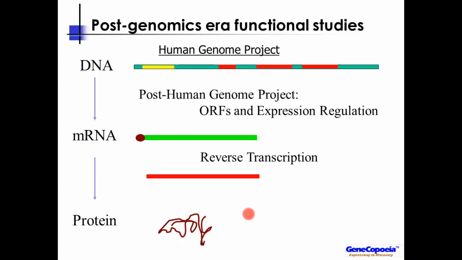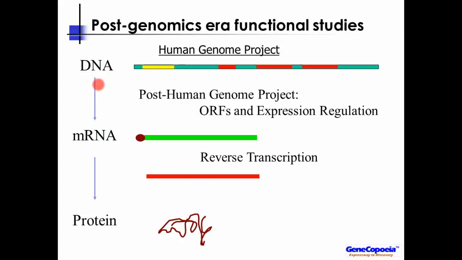All right, so why are promoter clones important? Well, one reason is in the wake of the post-genomics era, that is when the first drafts of the human genome and then later, of course, the mouse genomes were released, it became clear that we next needed to do functional studies, either looking at expression of the genes at the RNA level or function of the ultimate gene product, the protein.